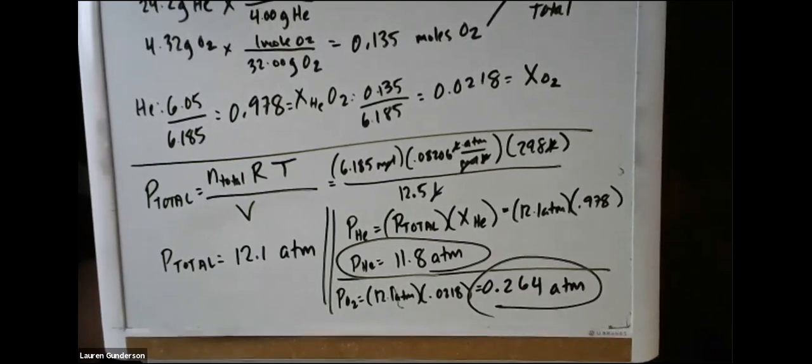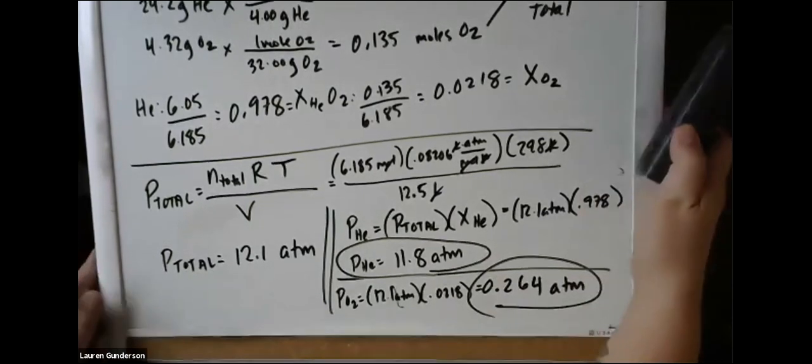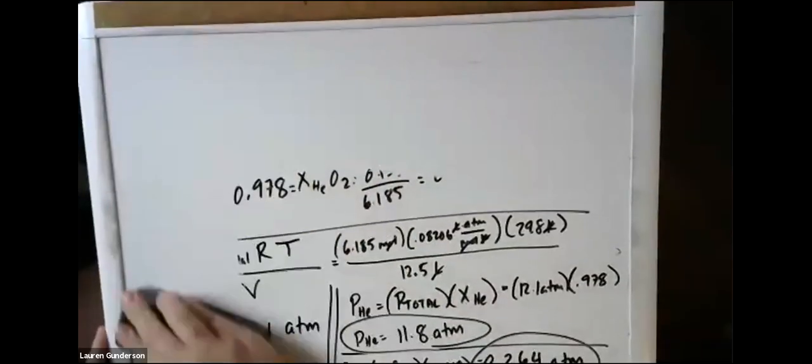Okay, let's look at one more example here. A diver breathes a helium-oxygen mixture with an oxygen mole fraction of 0.050. What must the total pressure be for the partial pressure of oxygen to be 0.21 atmospheres? So this question, when you approach it, might seem confusing at first because they're giving you information in a different way than normal. But start by writing down the things that you know.